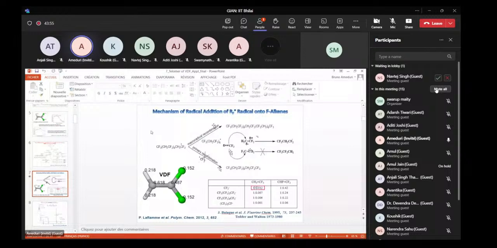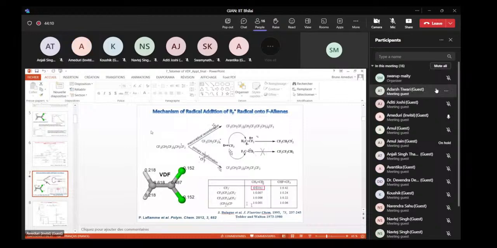And this is even more pronounced when you have a bulkier fluorinated radical in the system. And here it's gem-bis(trifluoromethyl), which has a very selective addition onto the CH2.